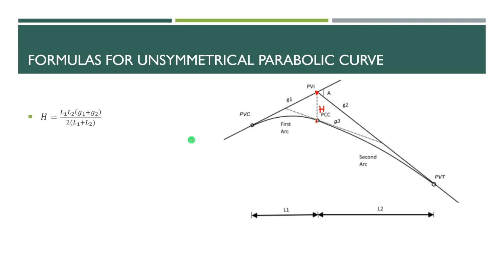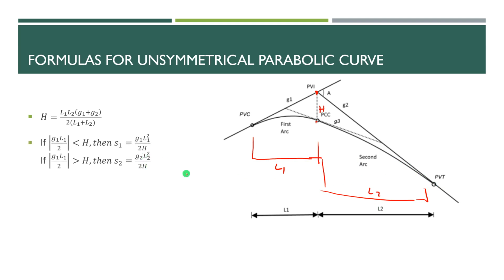Next, we have L1 and L2 times G1 plus G2 over 2 times the quantity of L1 plus L2. So L1 and L2 are the length of each curve. Okay, L1, this is L2, and G1 and G2 are the grades: G1 is the back tangent of the first curve, and G2 is the forward tangent of the second curve.